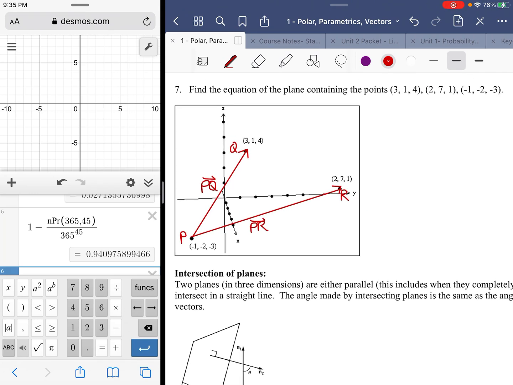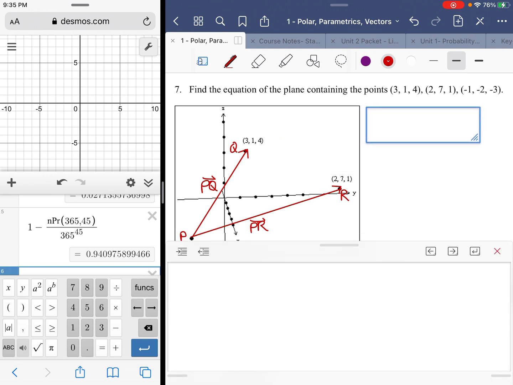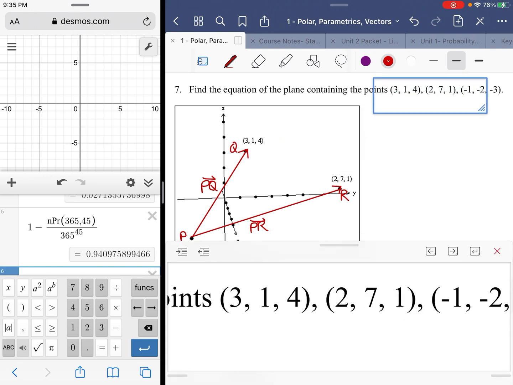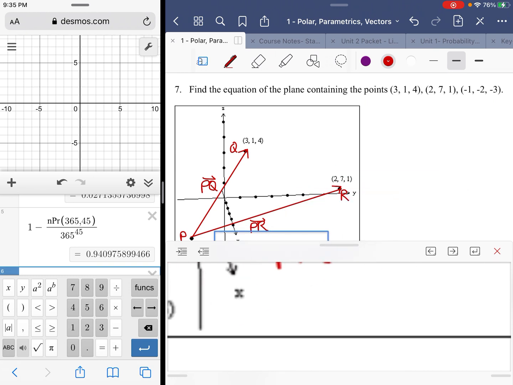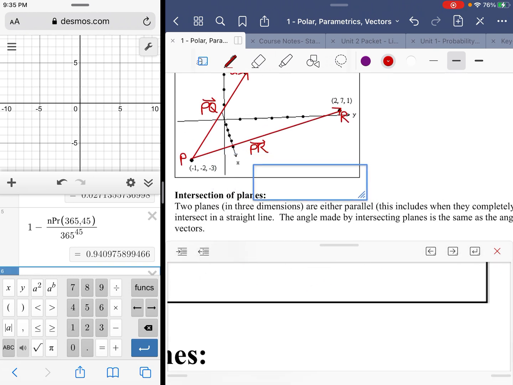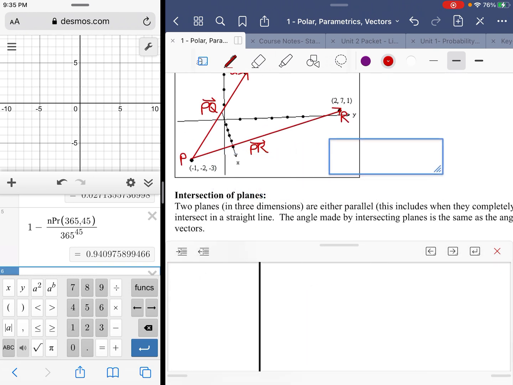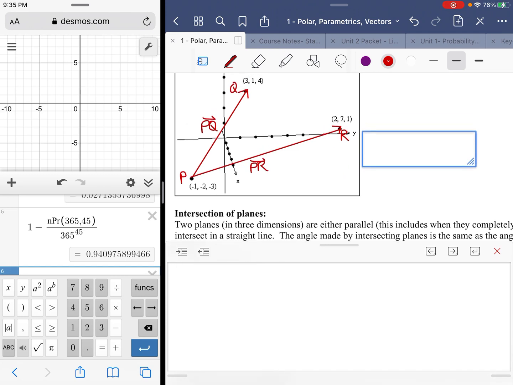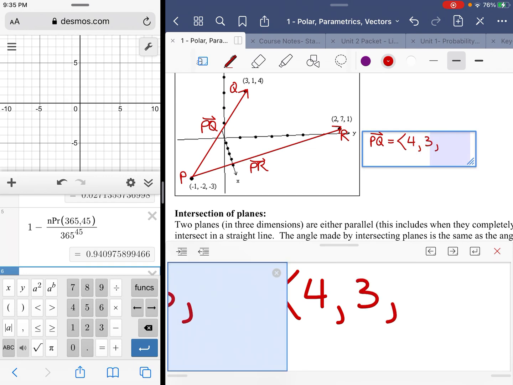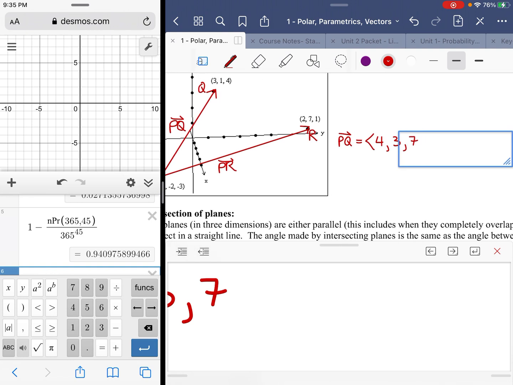All right. So we're subtracting corresponding parts. I can chuck it down off the side here so I can at least look at the diagram. So PQ: 3 minus -1 is going to be 4, 1 minus -2 is going to be 3, and 4 minus -3 is going to be 7.